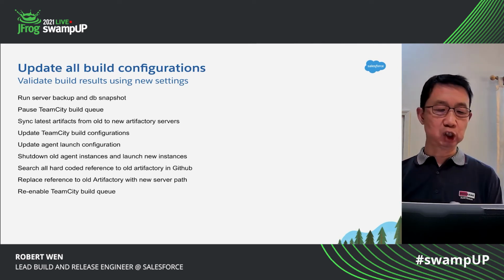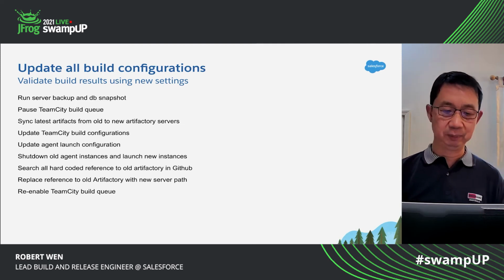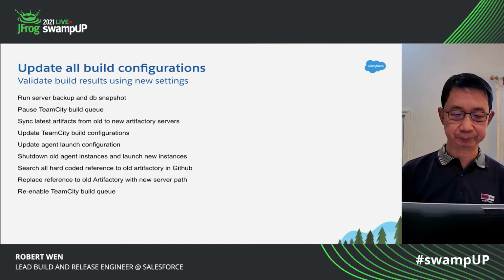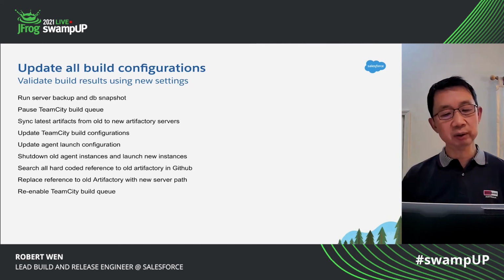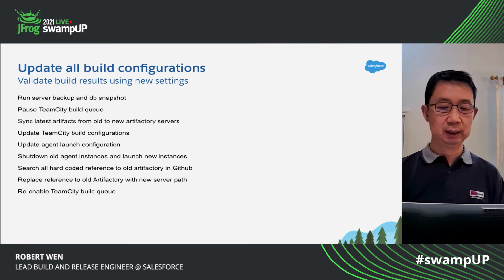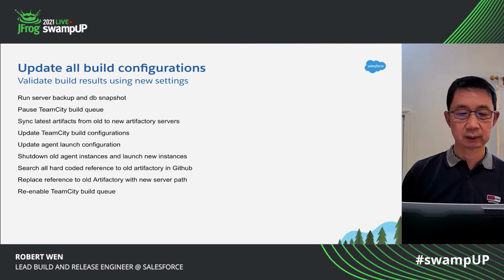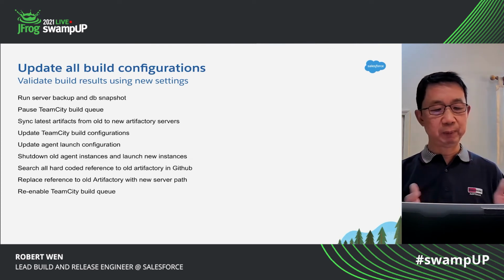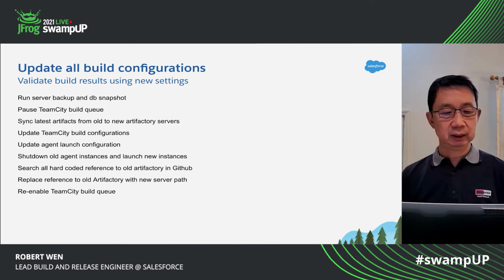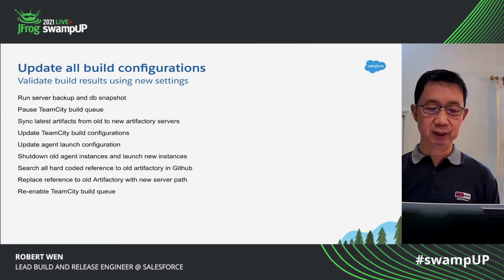In the meantime, we need to search for all hardcoded references to the old Artifactory in GitHub, where we manage all our source code. All these old Artifactory references must be updated to the new server. After we replace the references with the new server, we are ready to continue all build activities.